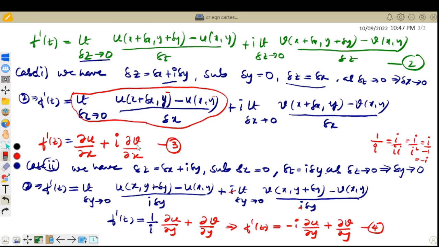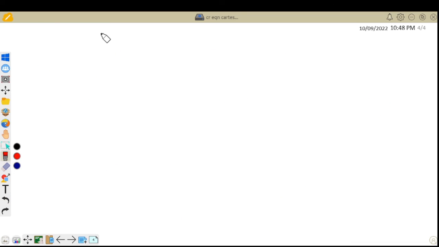You can observe equation number 3 and 4, or compare 3 and 4. By comparing 3 and 4, left side is f dash of z in equation number 3, and in equation number 4 also it is f dash of z. Means left sides are equal, means right sides are also equal.